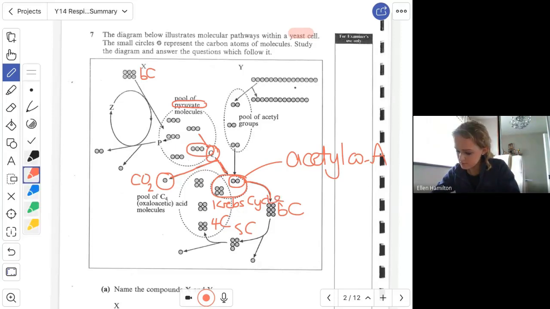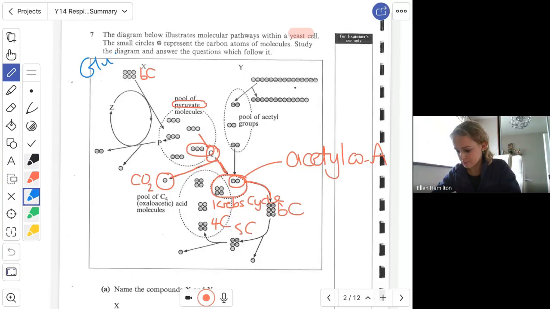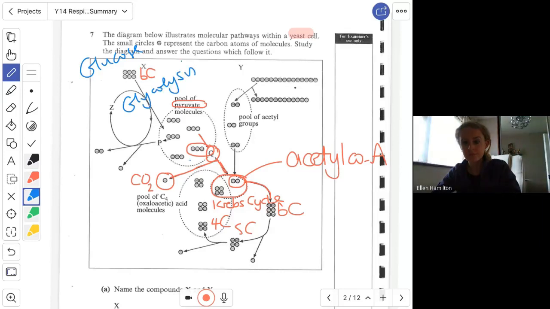So if I pick a different color just to scribble on this, what we're saying is 6-carbon to make pyruvate, well, that's probably glucose. To make pyruvate, well, that's going to be glycolysis happening down there. Q is the link reaction, and this is the Krebs cycle.